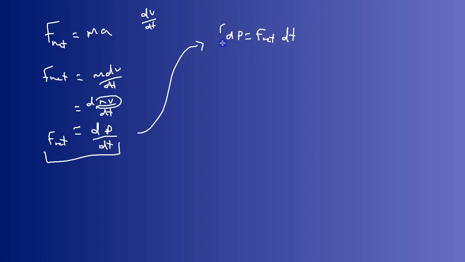If we integrate this from initial momentum to final momentum, and this from 0 to t, then what we find is that the change in momentum is equal to the integral, or we could just do t1 to t2, of F net dt. So the change in momentum is equal to the integral of force with respect to time.